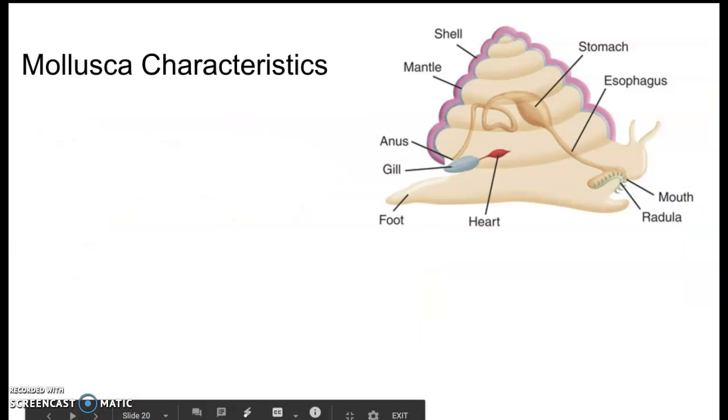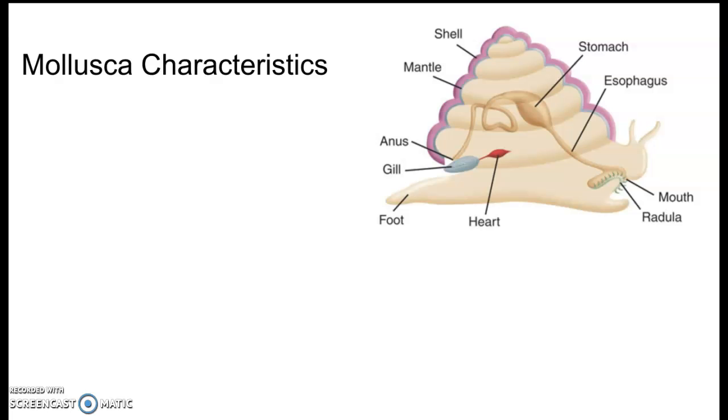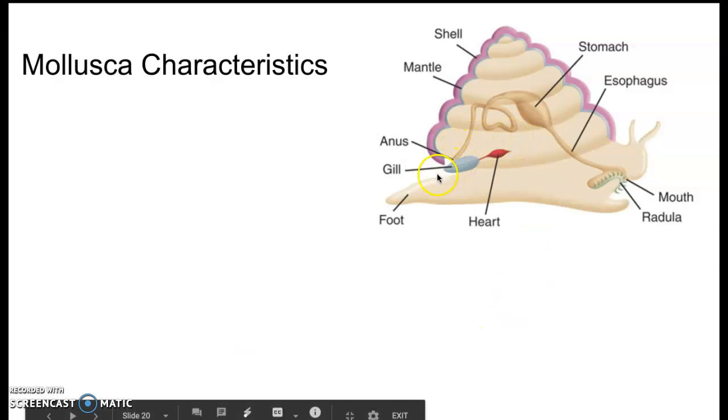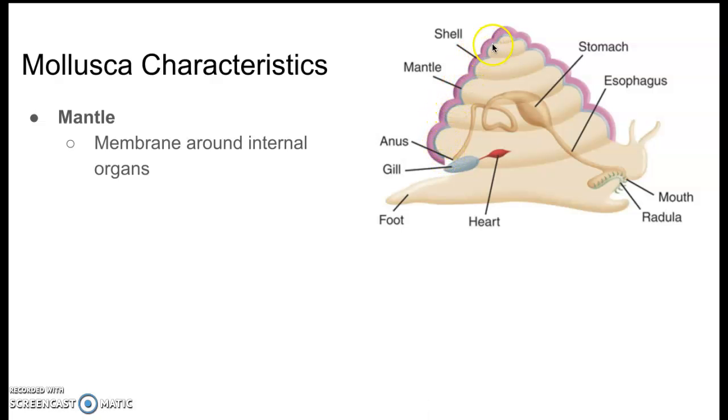All right, some of the characteristics of mollusks. They have what's called a mantle, and a mantle is this material found around the internal organs, and it's this blue line right here that you can see under the shell.